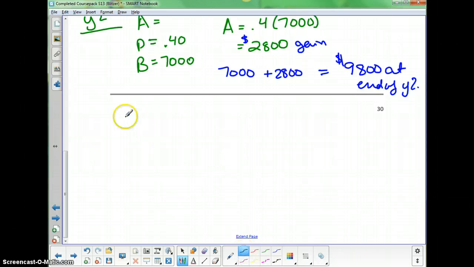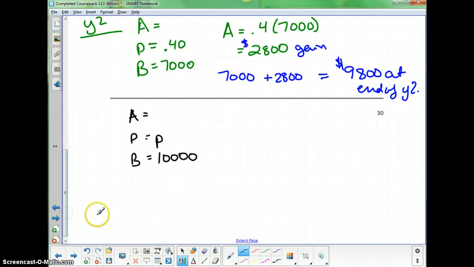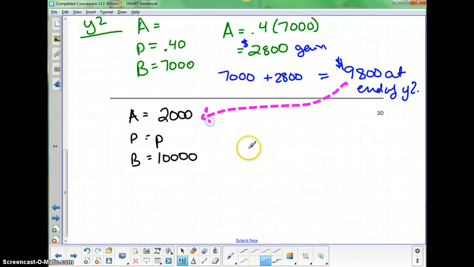All right, so when I start this one out, amount, percent, and base. Okay, what I want to know is what the actual percent gain is, so I don't know the percent. And I do know how much I started with. I started with $10,000. And I'm talking about here the percent gain or the percent loss, so I need to know how much I gained or lost. All right, so if I have $9,800 here, I lost 200, right? So I'm not actually writing the 9,800 value here. I'm writing the 200 because that's how much I lost.